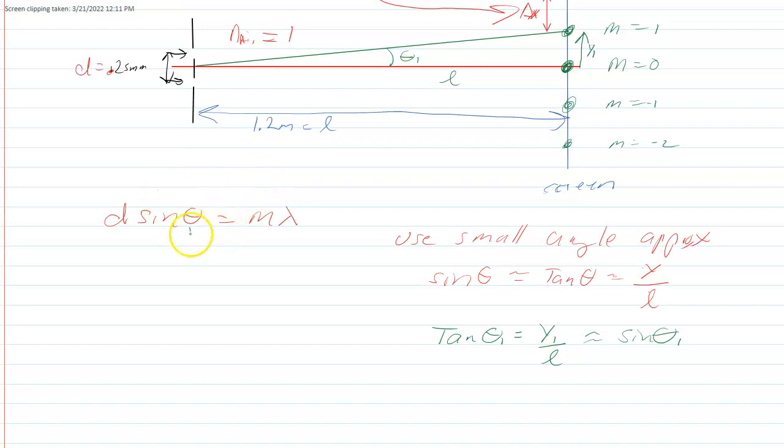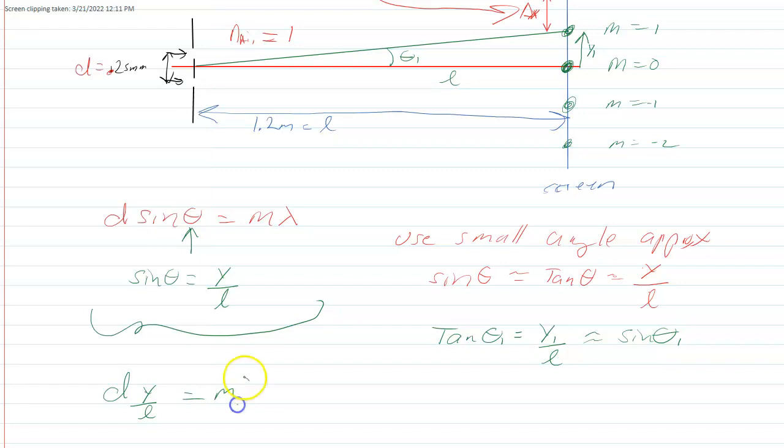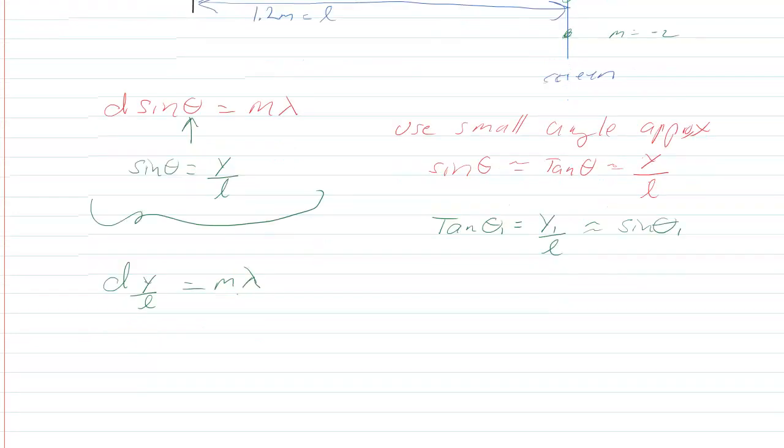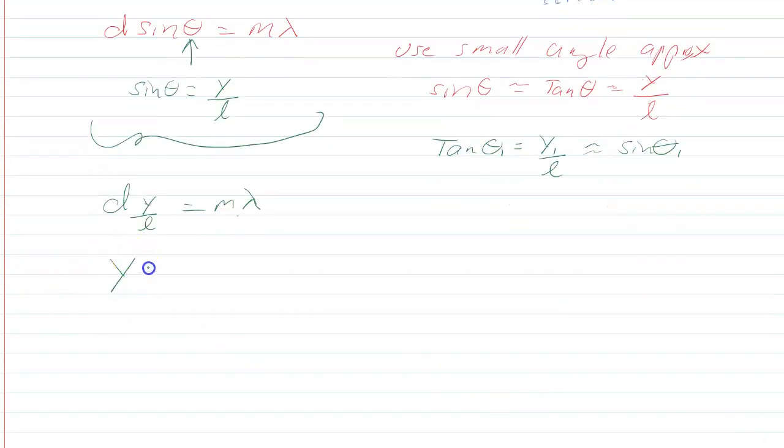So in this case, we are going to replace sine theta with y over L, and the result of that is that d y over L is equal to m lambda. And if I solve for y, I find out that y is equal to m lambda L over d.